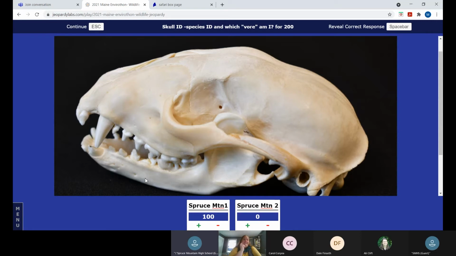So which vore? That means it's an omnivore. It is hard to see those ones. I know Allie has been working really hard to get some good pictures of the skulls so that it'll be easier to identify.